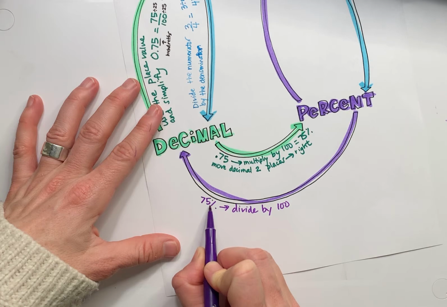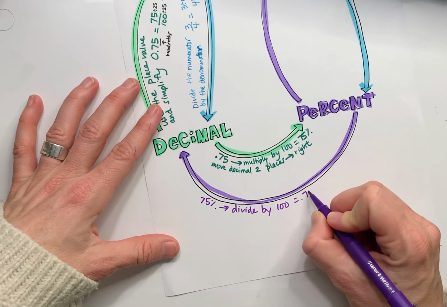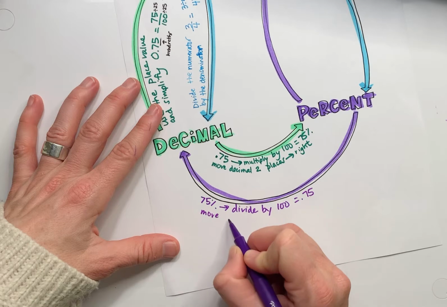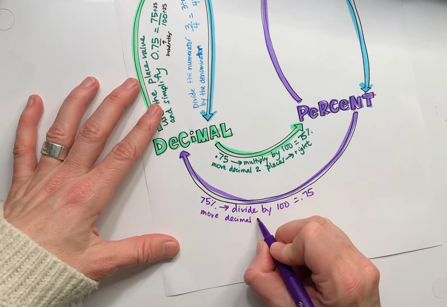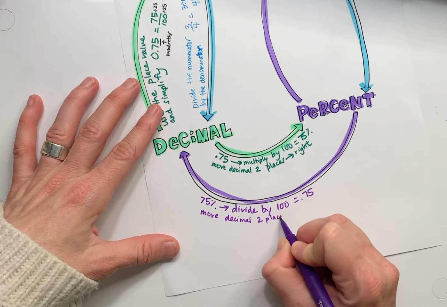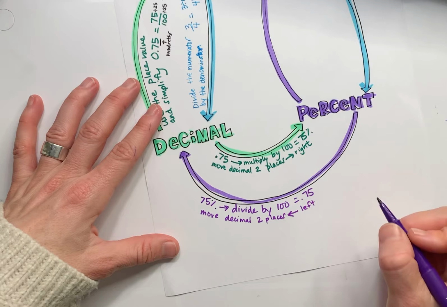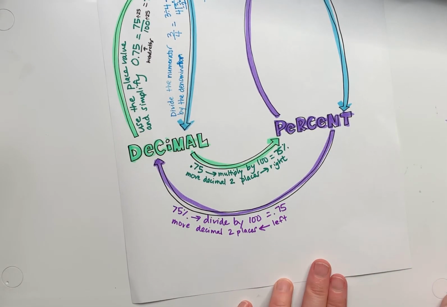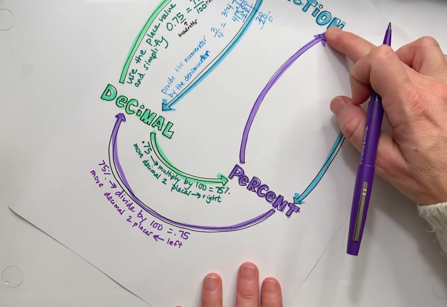Dividing by 100 means moving the decimal point 2 places to the left. So we have 0.75. Okay, 2 places left.